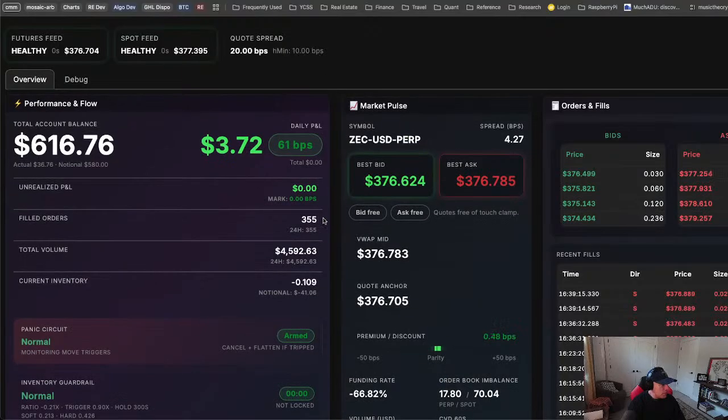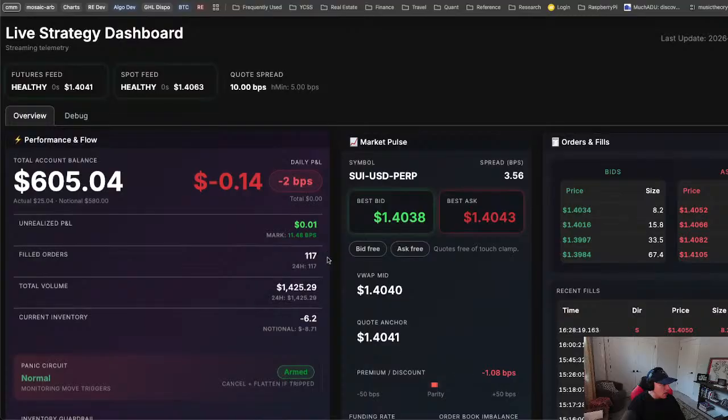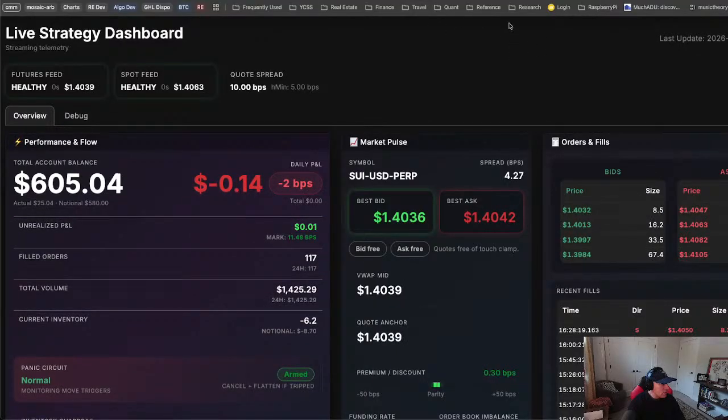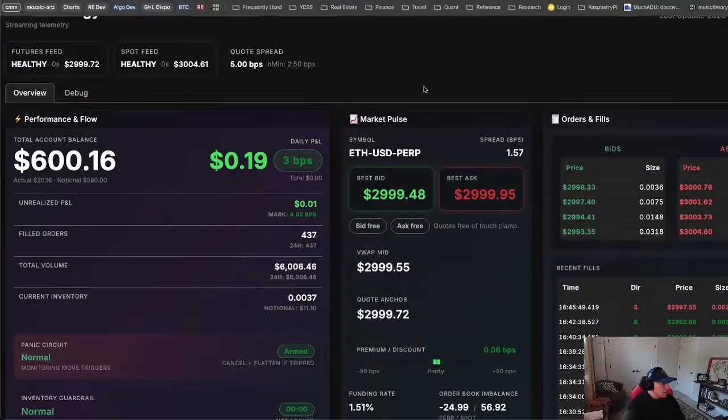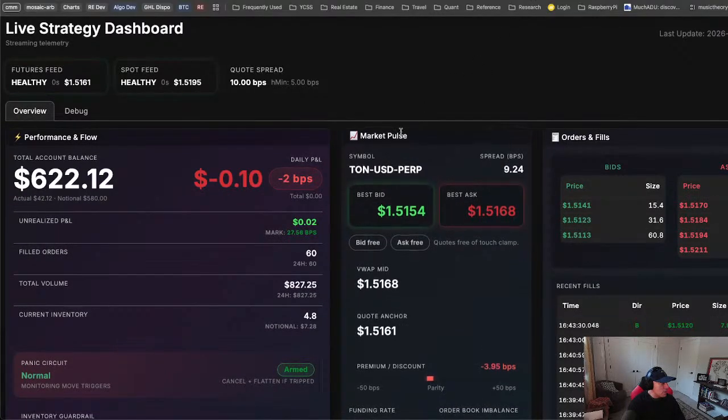Zcash, 355 trades, actually doing pretty well, up about 61 basis points since then. SUI, 117 trades, not as many trades, also just down a little bit, 2 basis points. Got Ethereum here, a lot of trades, 437, up slightly, 3 basis points.